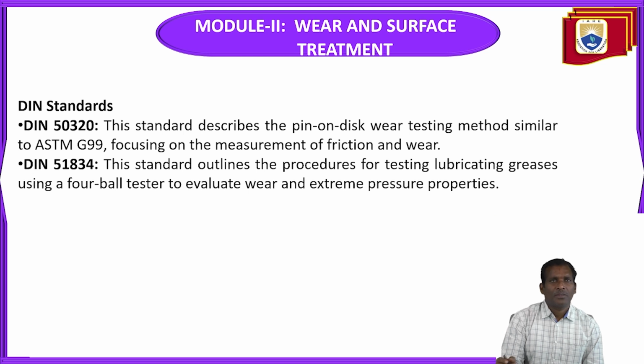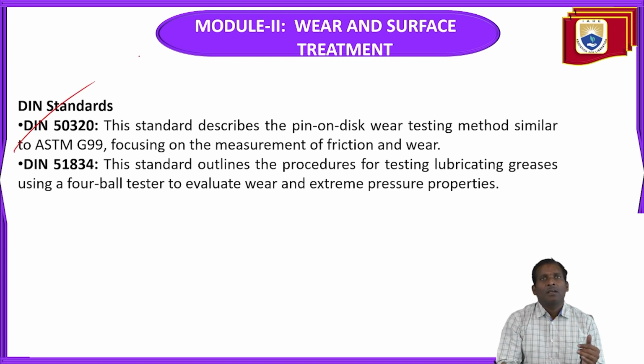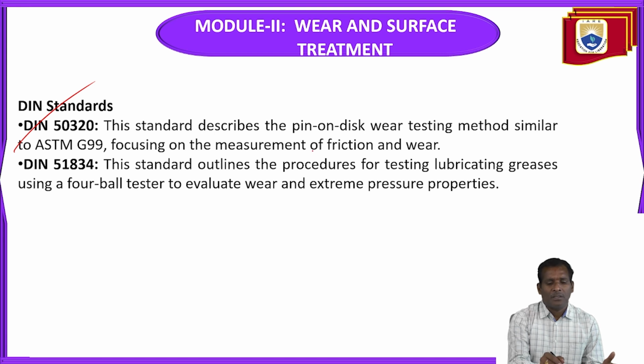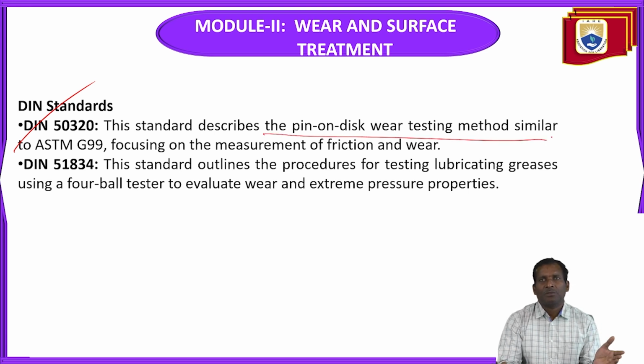DIN standards. DIN 50320 describes the pin on disc wear testing method. Already we have studied this experiment, pin on disc. By using this pin on disc wear testing, we can calculate the wear rate of the particular material. Similarly, you can also evaluate the friction.